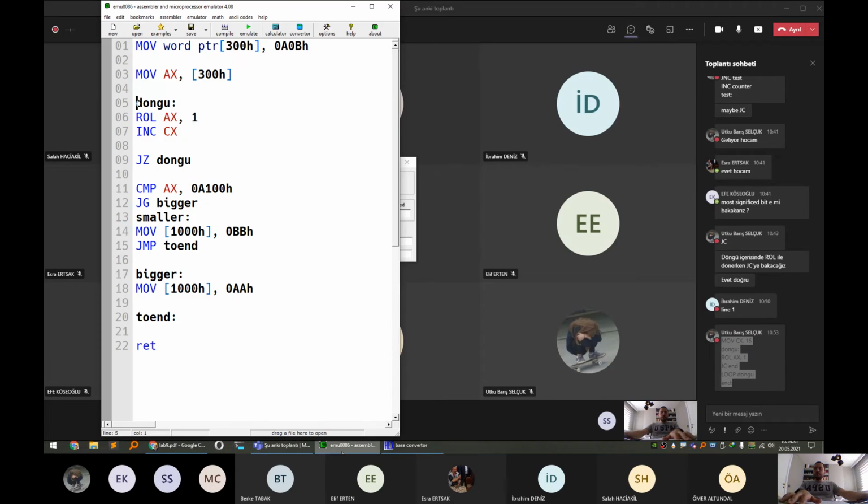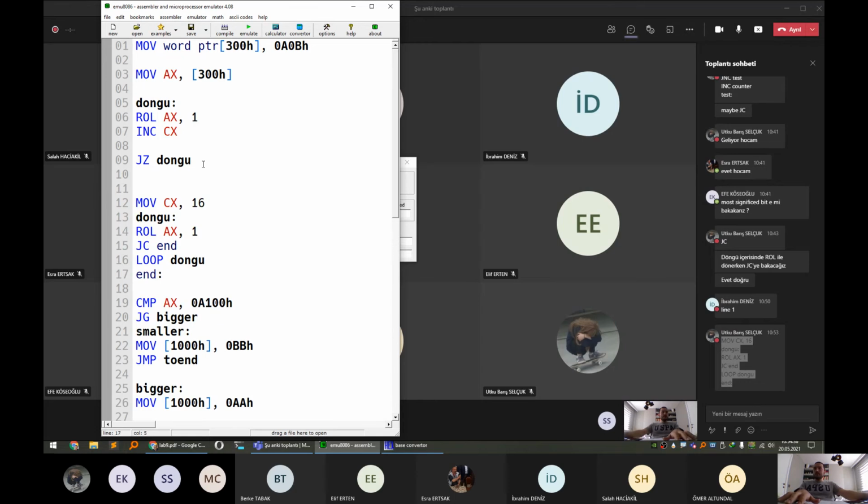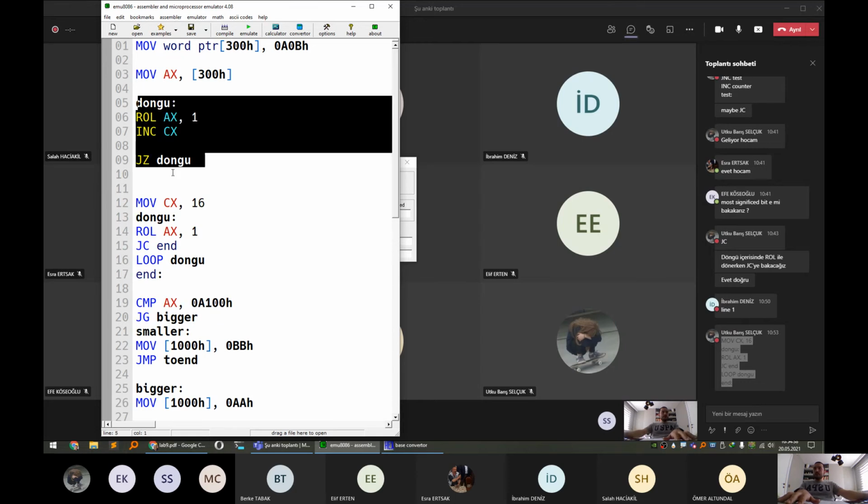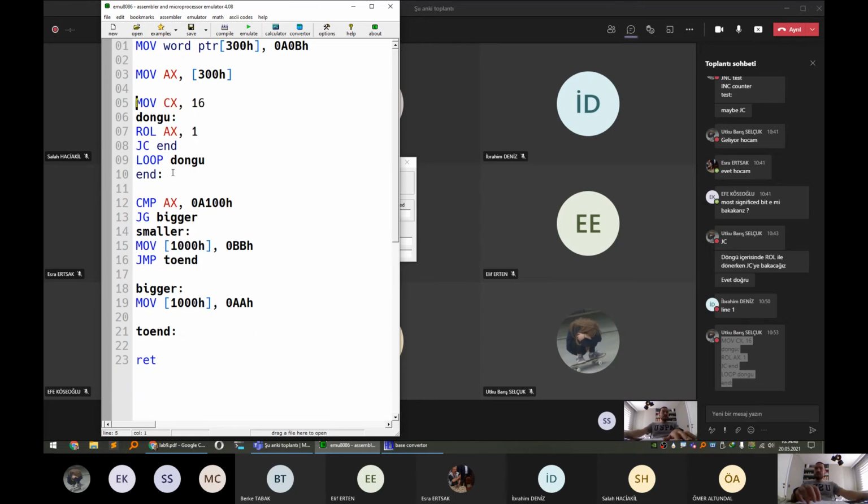Okay, let's copy Utku's code and paste it here. It runs a loop. Within this loop, it rotates 1 time. If the carry flag becomes 1, it will end the loop.